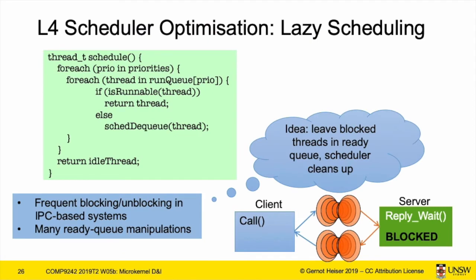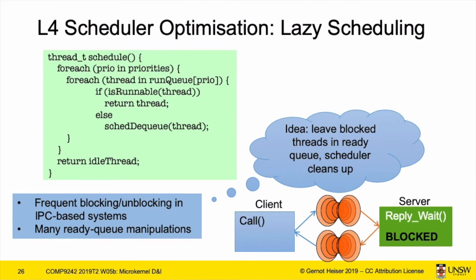Any thread in the system could possibly be one of these blocked ones. As a matter of fact, all but one are typically blocked on a single core. So there are a lot of blocked threads, and they could all be in the ready queue. So the cost of a schedule operation is on the order of the number of threads in the system. That's really bad, right? That could be a long time.